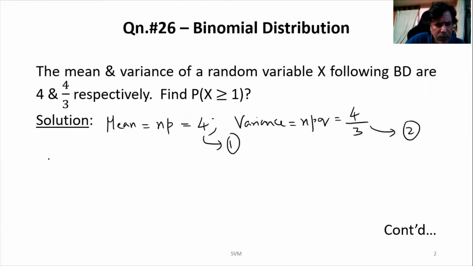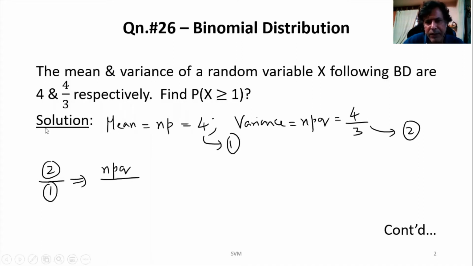So I can now divide the second equation by the first equation. What do we get? We get npq, because that is the left hand side of the second equation, and the left hand side of the first equation is n into p. That will give you 4 by 3, and then in the denominator it is 4.